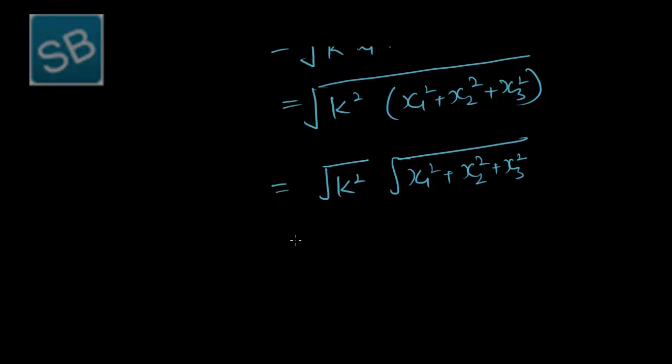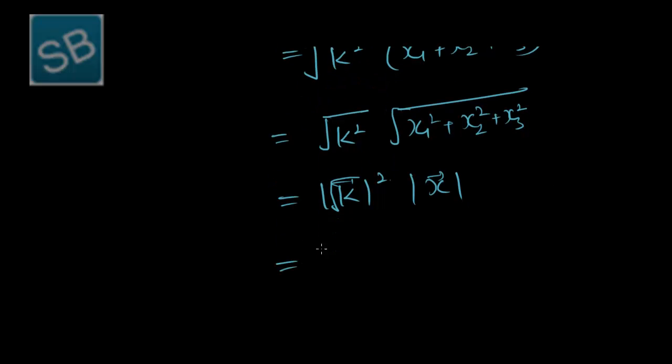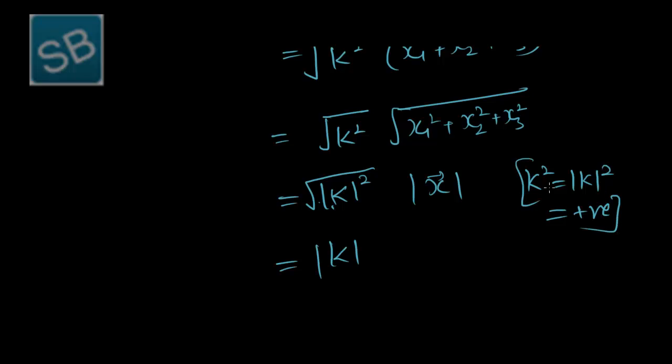The square root of k square can be written as modulus k, because k square is a positive quantity and modulus k whole square is also a positive quantity, so we can replace k square by modulus k square.